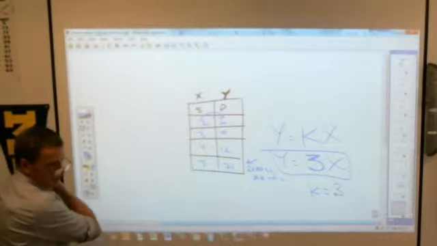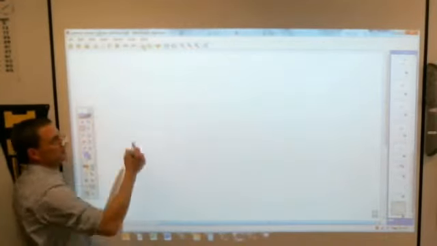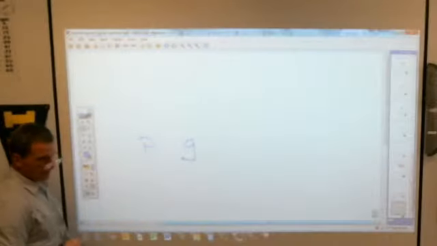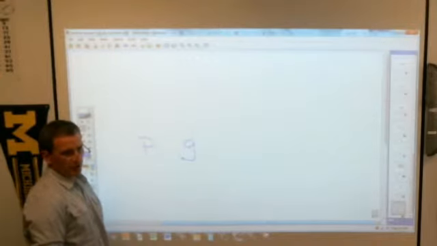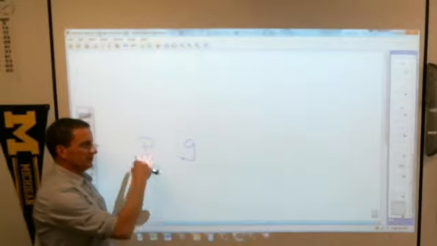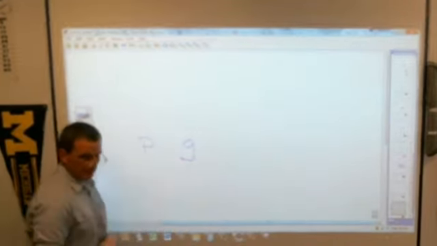So we've got an equation. Now as you think about this, we're talking about pounds and gallons. Which one would be the input number? Which one would be the output number? In other words, do you know the number of pounds to find how many gallons, or do you know the number of gallons and then figure out the number of pounds?